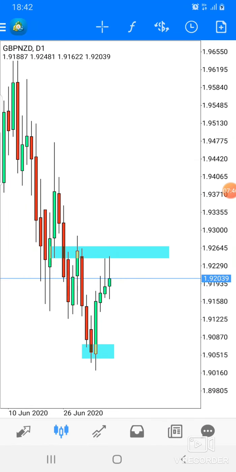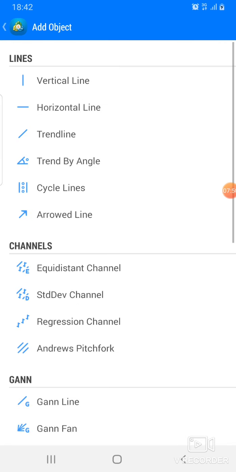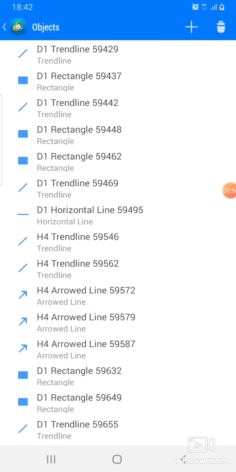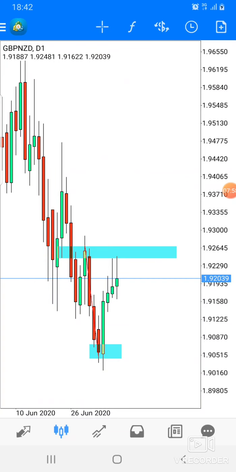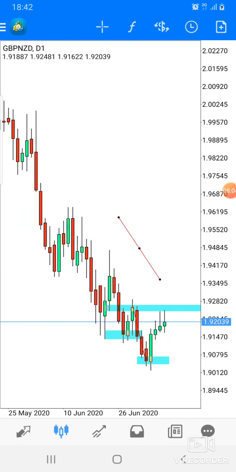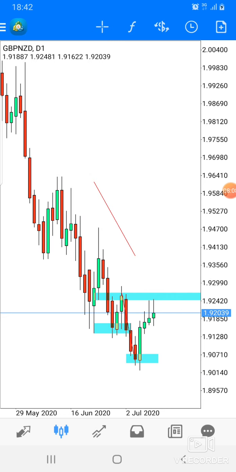And then there is a support waiting to break. Let me see. Push down here. That is breaking that support here. Your general direction still looks towards the downside for pound.